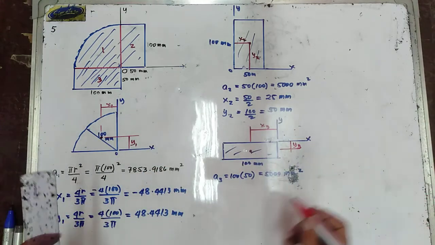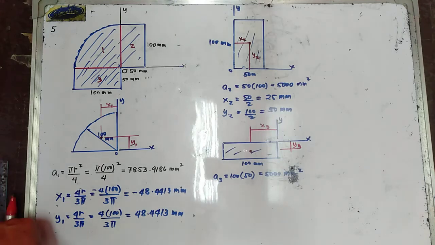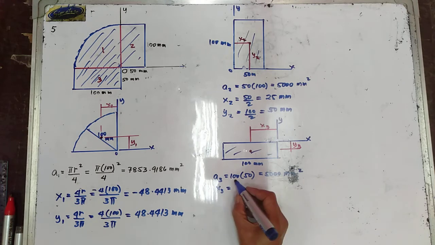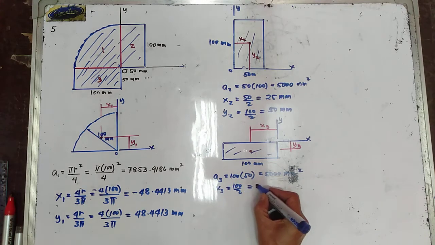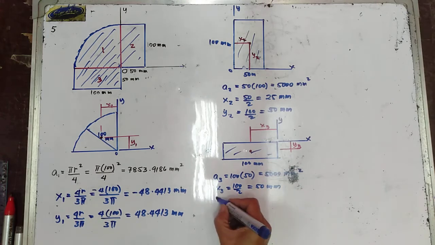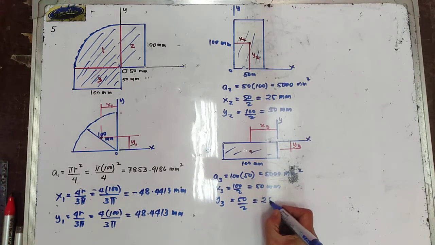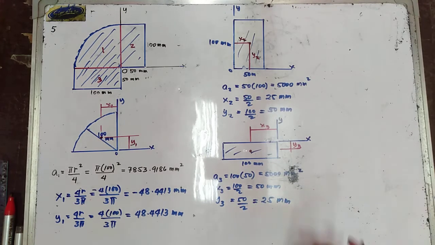Now, your x sub 3 is 100 over 2, or that is equal to 50 mm, and your y sub 3 is equal to 50 over 2, and that one is 25 millimeter.